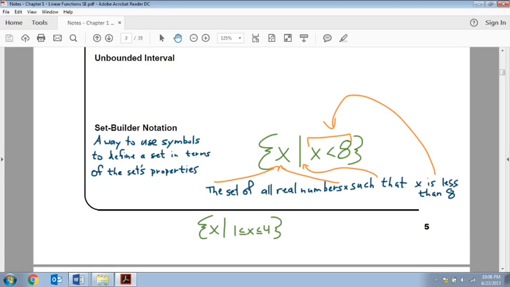To read the inequality, remember, if you're on the bigger side, that means you're bigger. If you're on the smaller side, that means you're smaller. So x is bigger than 1, but it's smaller than 4. So basically what this is saying is the set of all real numbers x such that x is between 1 and 4 included. The way you read that is 1 less than x less than or equal to 4. But it basically means x is between 1 and 4. And there you go.